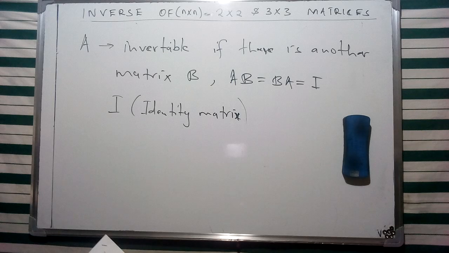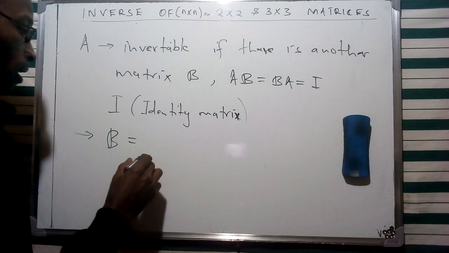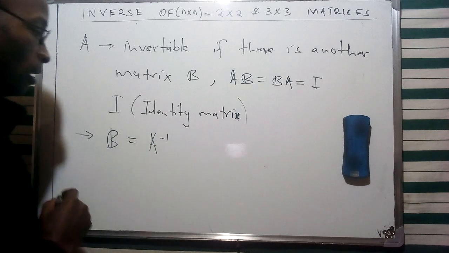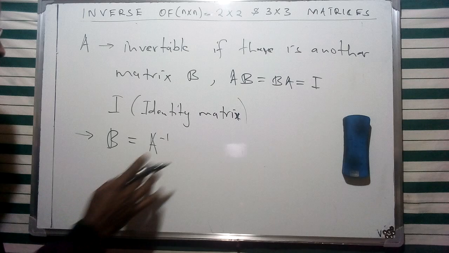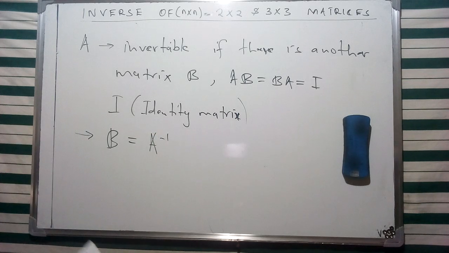Therefore, we're going to define this second matrix B as the inverse of A, given in terms of A with the notation A to the power of negative 1. So whenever I use this symbol, I'm referring to the inverse of a matrix.